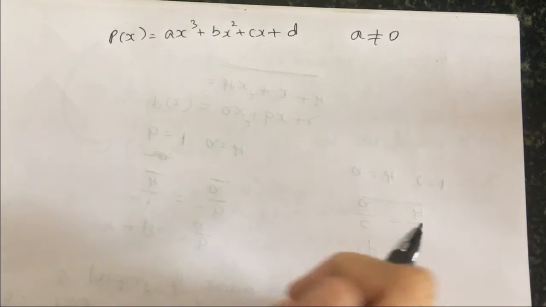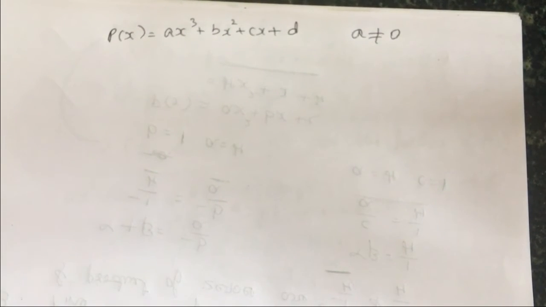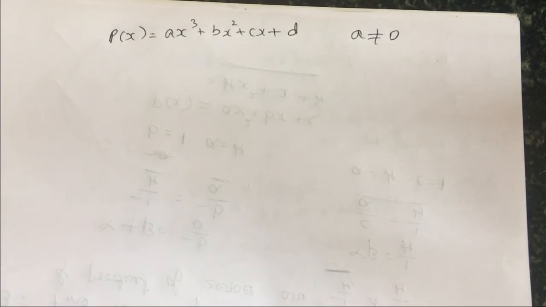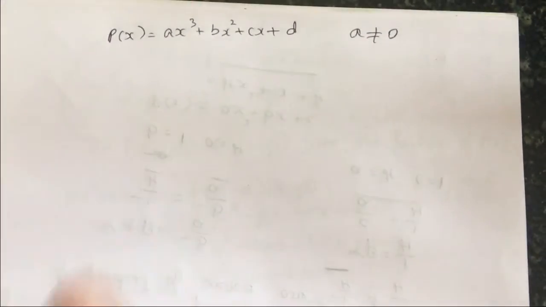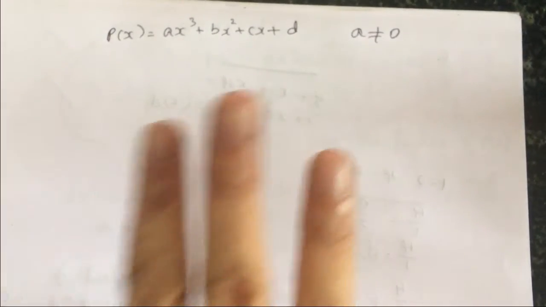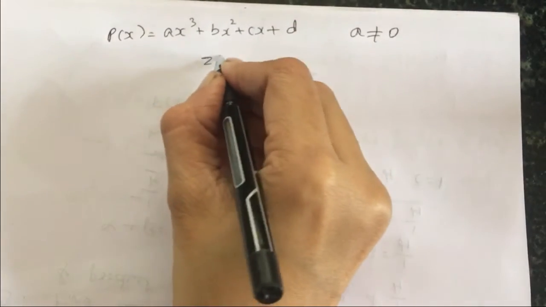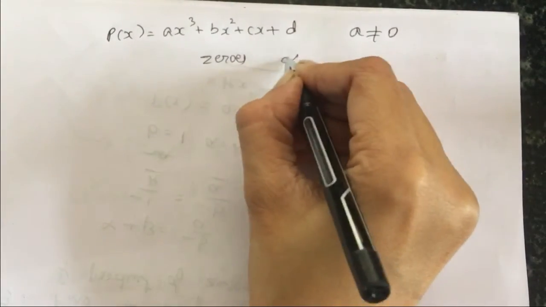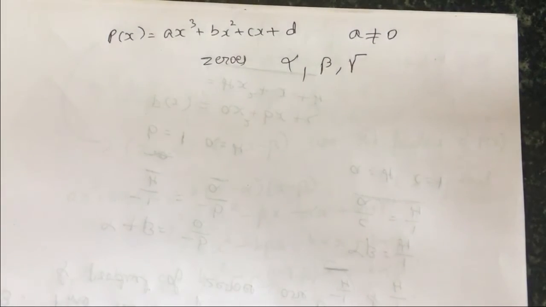Before taking the general term, I'll take up a cubic polynomial and we'll check with their coefficients. Okay, since it's a cubic polynomial, you are going to get at most 3 zeros, right? So let me take the zeros as alpha, beta and gamma.